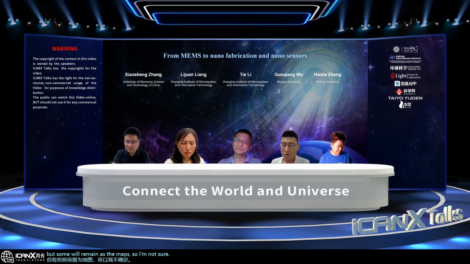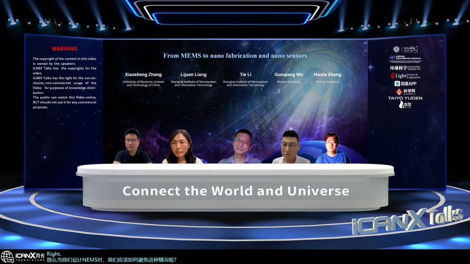So I'm not sure how we should design our sensors to use the advantage of NEMS. My concern is for capacitive devices, we usually have some large capacitive parasitics. If we go to NEMS, how do we avoid these? The signals may be buried in the parasitics. So how should we avoid this when we design NEMS sensors?